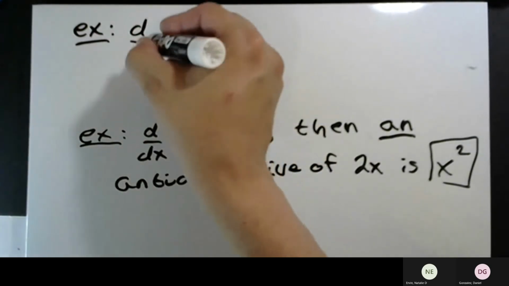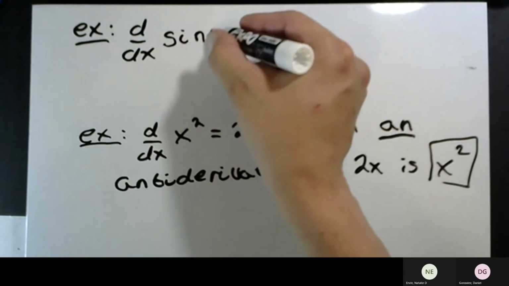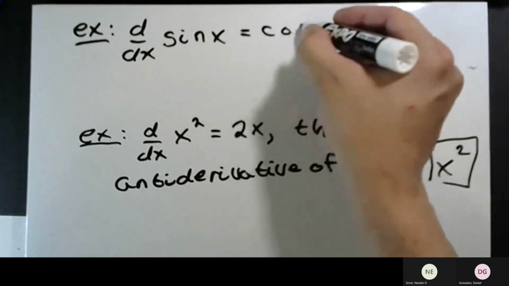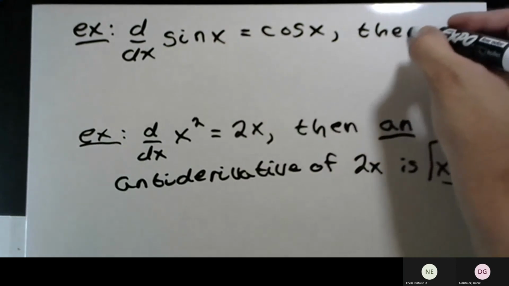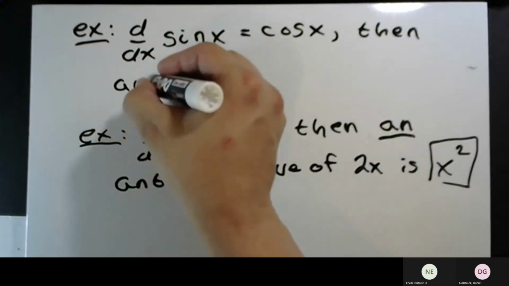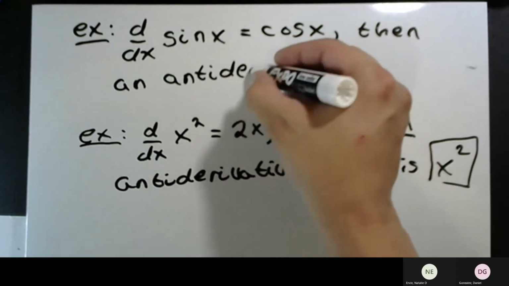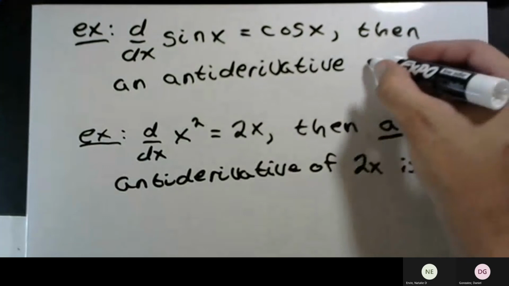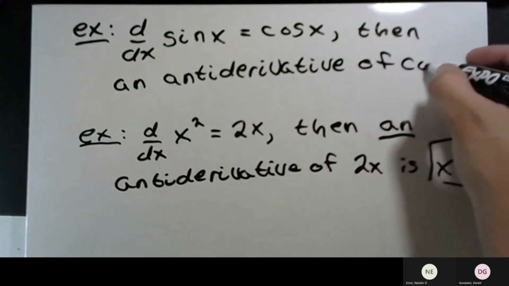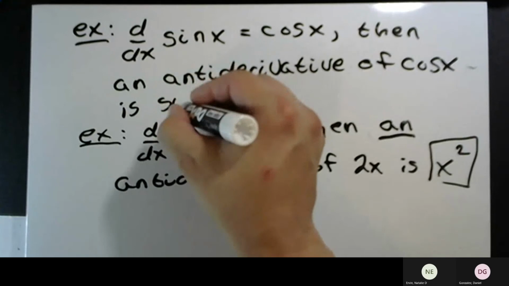Because the derivative of the sine of x is cosine x, then an antiderivative of cosine x is sine x.